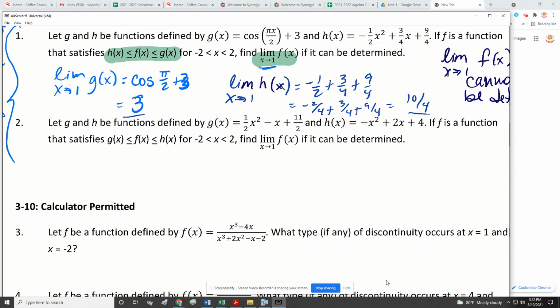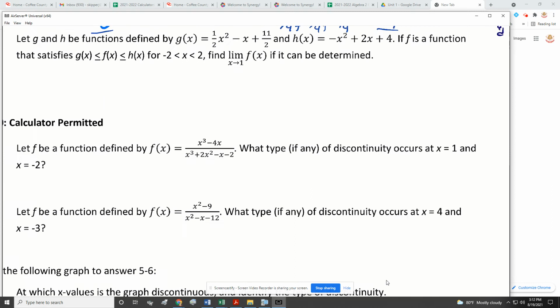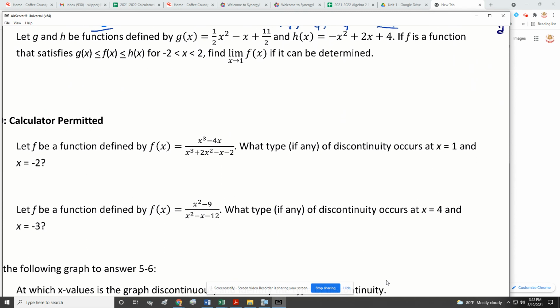Okay. Number 2 is the same type of question. So we're still finding the limit as x approaches 1. So we would do that for g and for h. And if they're the same, then that is the limit as x approaches 1 of f. So that gives us 10/2 or 5.